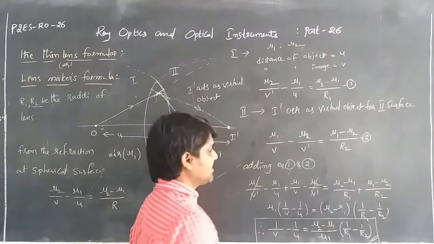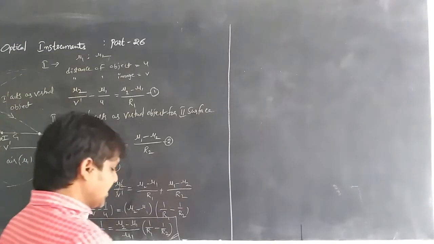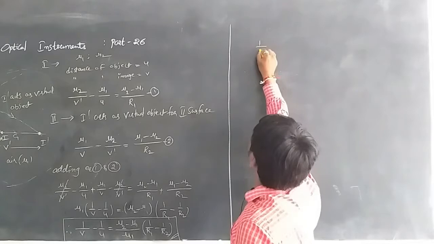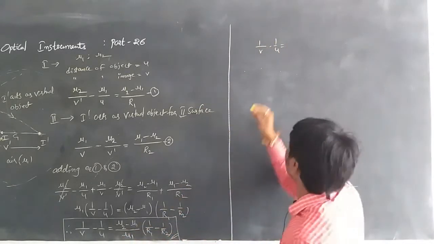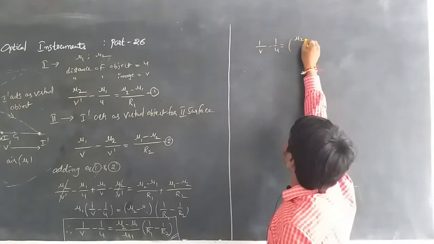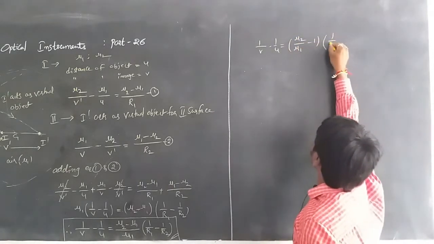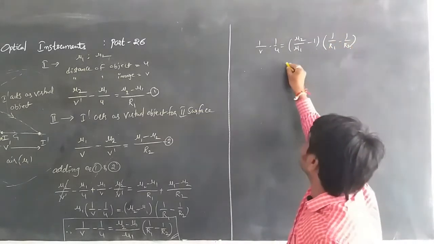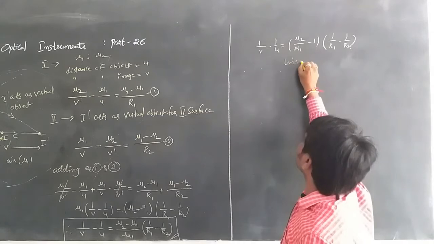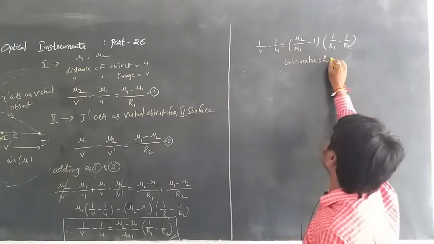We can also write it as 1 by v minus 1 by u equal to mu2 by mu1 minus 1 into 1 by r1 minus 1 by r2. This is called the lens maker's formula.